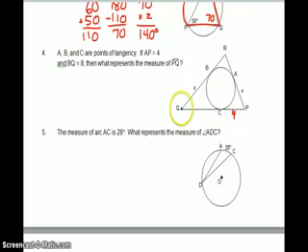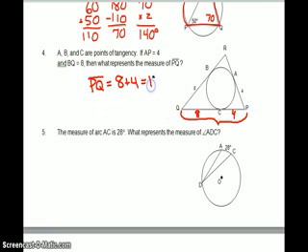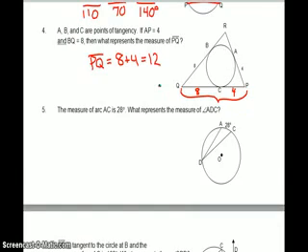On this side we've got Q to B is 8, so Q to C is going to be the same distance. And now we want to know what P to Q is. Well, add those two up. PQ is equal to 8 plus 4, which equals 12. That's the answer to number 4.